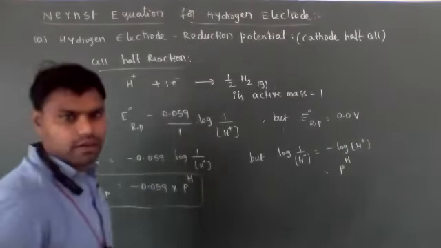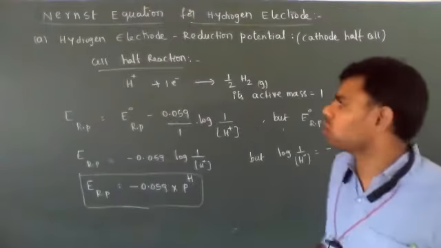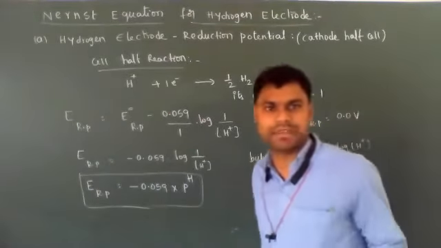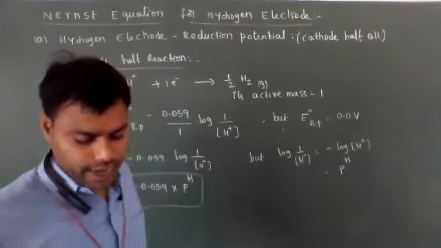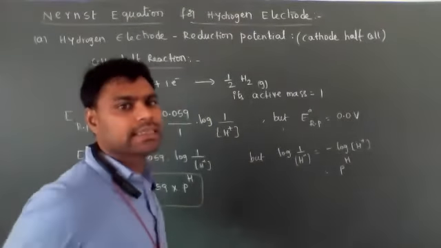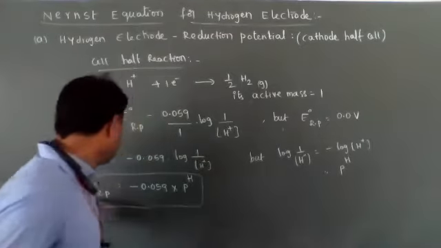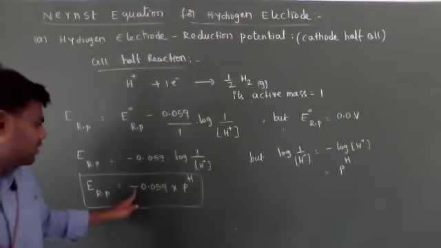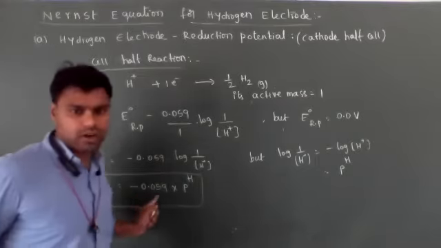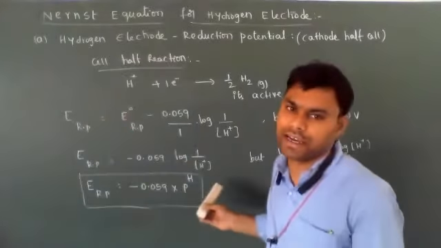This you remember. Now the hydrogen electrode oxidation potential. Oxidation potential means hydrogen electrode acts as an anode. Hydrogen electrode acts as an anode half cell. In that case, the electromotive force of the cell will be plus 0.059 into pH.